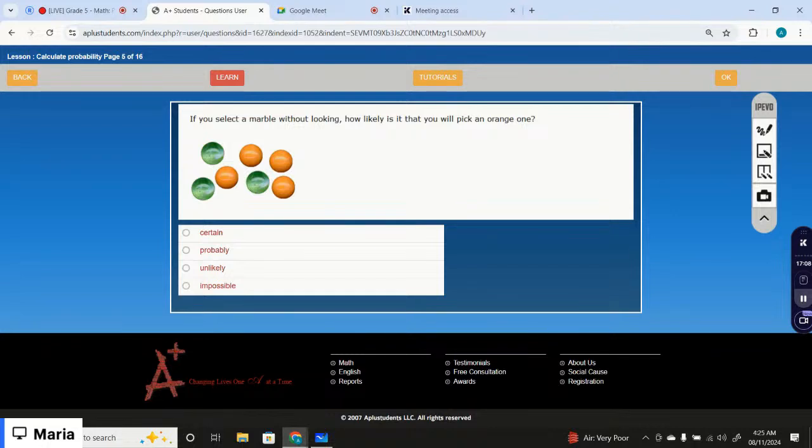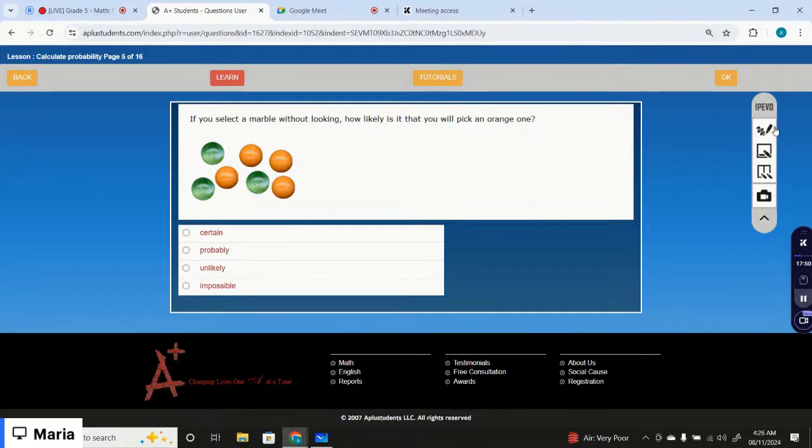You have four orange marbles and three green, so it will probably land on orange, right?